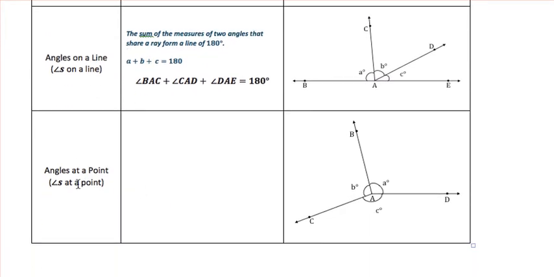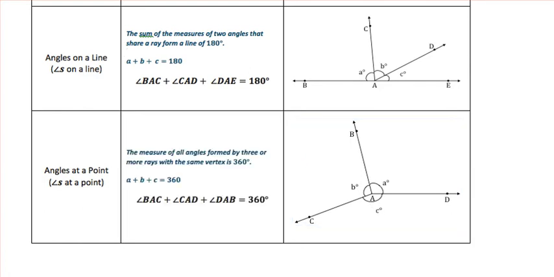And then finally we have angles at a point. This right here. And in this situation, the three angles are combining to make what we would consider a full circle. And a circle measures 360 degrees.